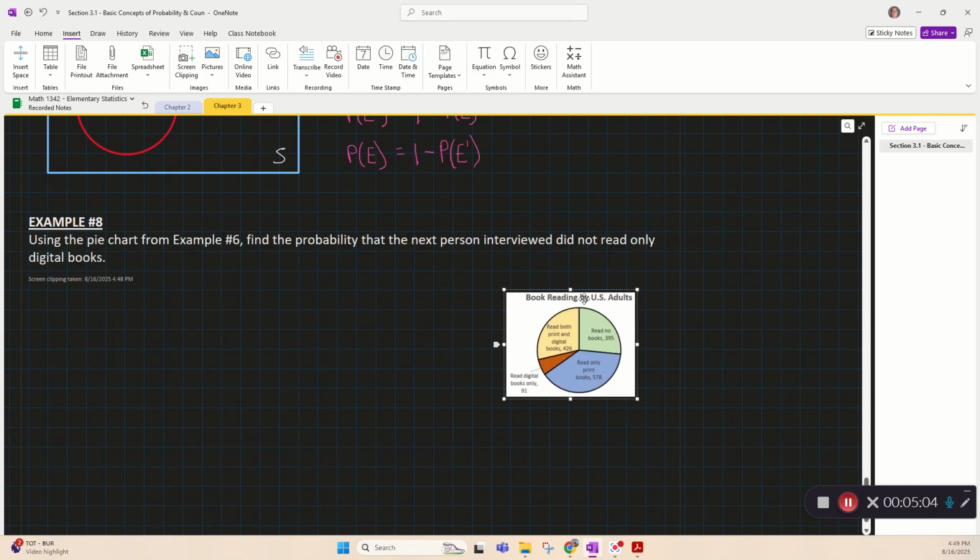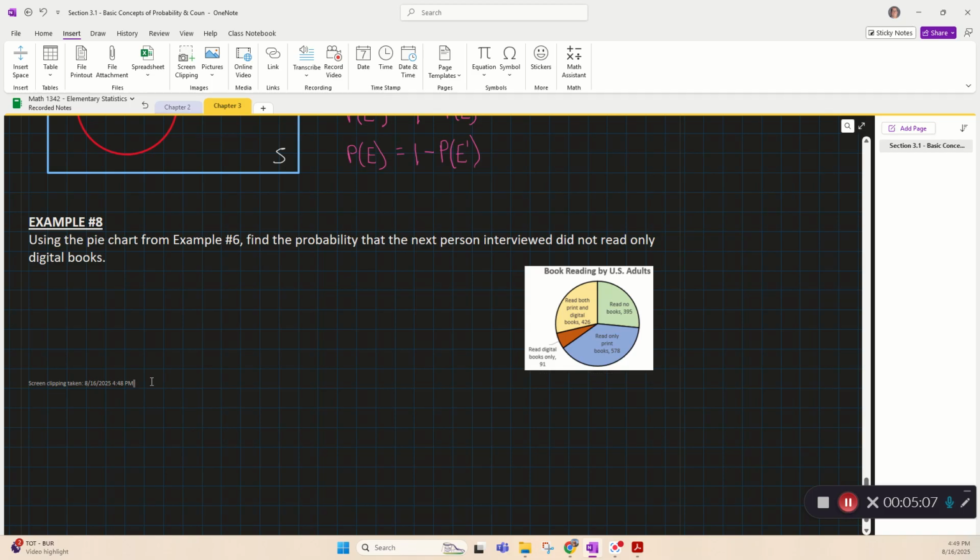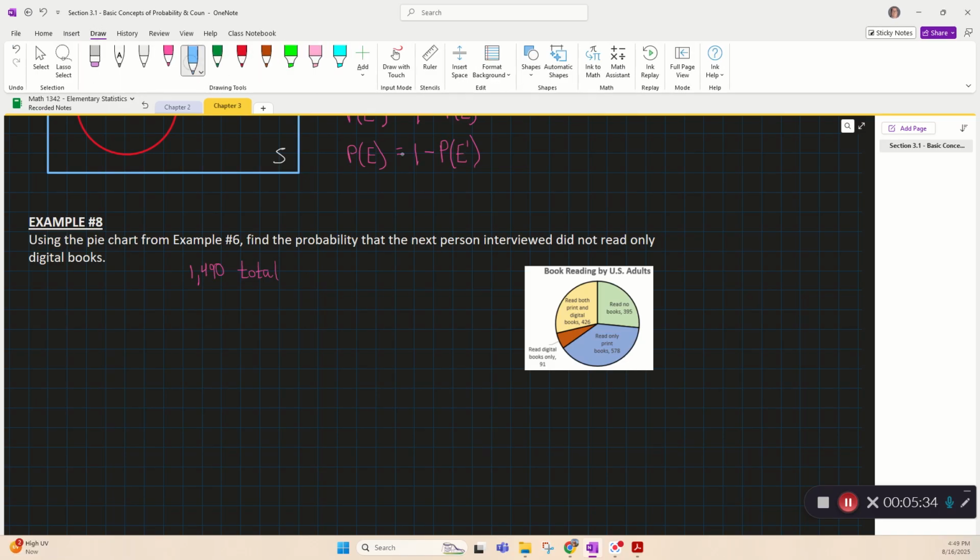Remember that from this example, there were 1,490 total. So we want the probability that they did not read only digital books.